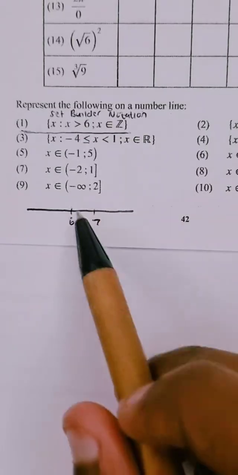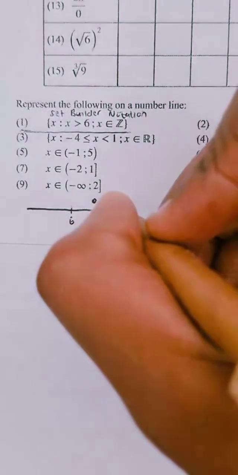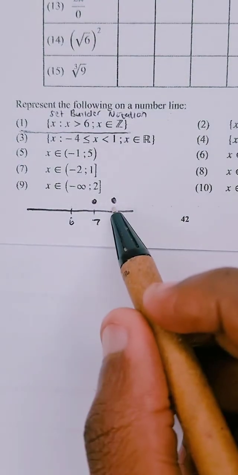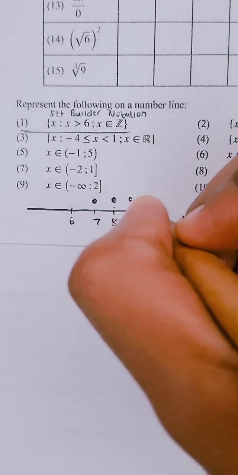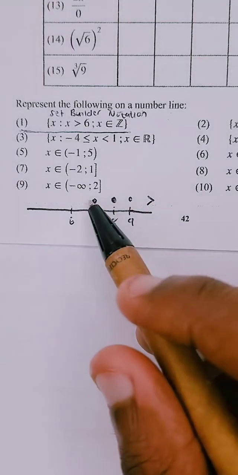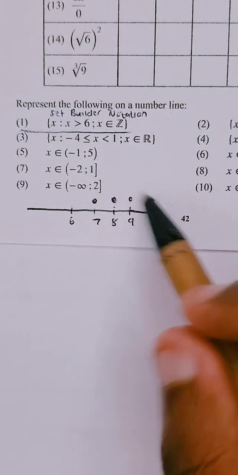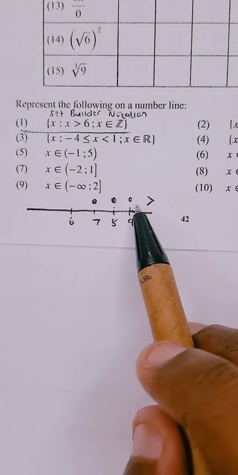So we are not going to include 6, but we can have a shaded dot above 7, a shaded dot above 8, because this indicates the skip for integers. Have a shaded dot above 9. And then we can have a nice little arrow to indicate that this pattern of jumping up in ones for integer values where x is greater than 6 continues. That's a true representation on the number line of the answer.